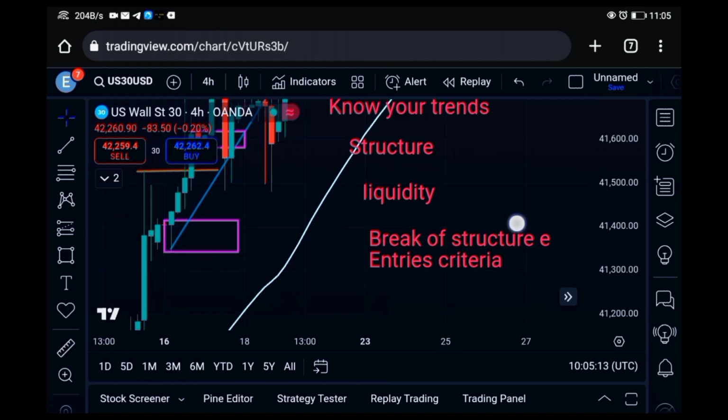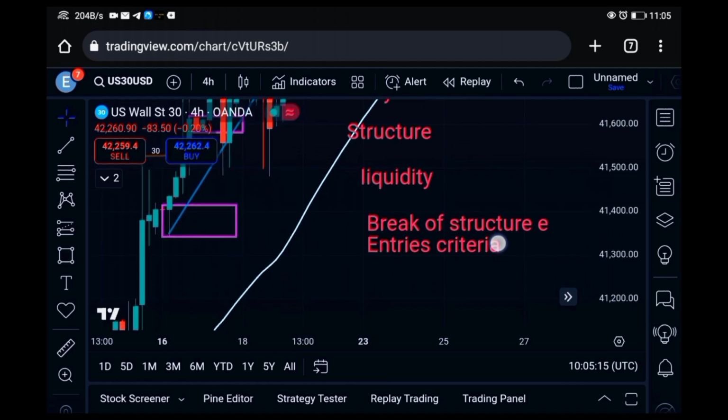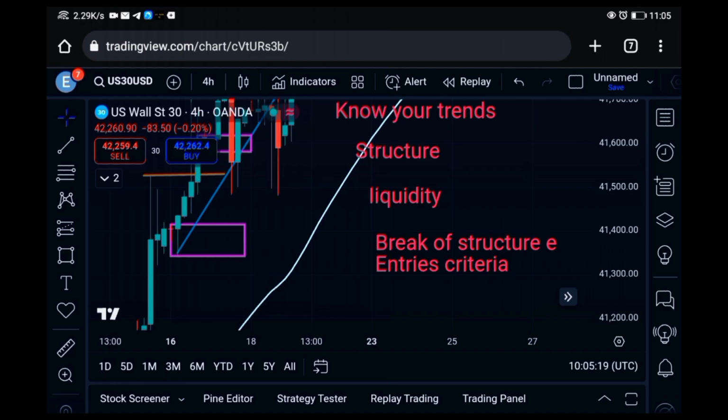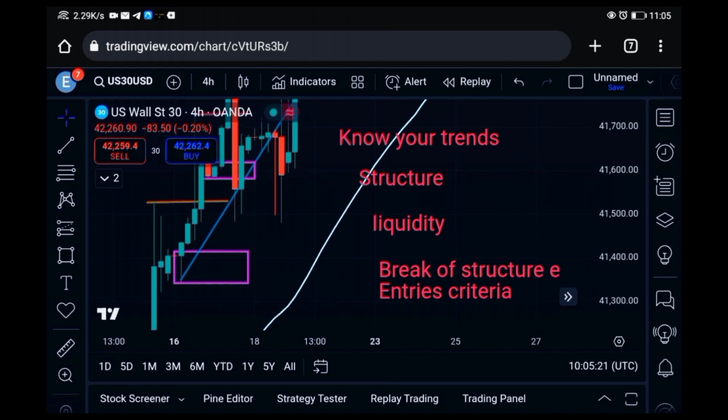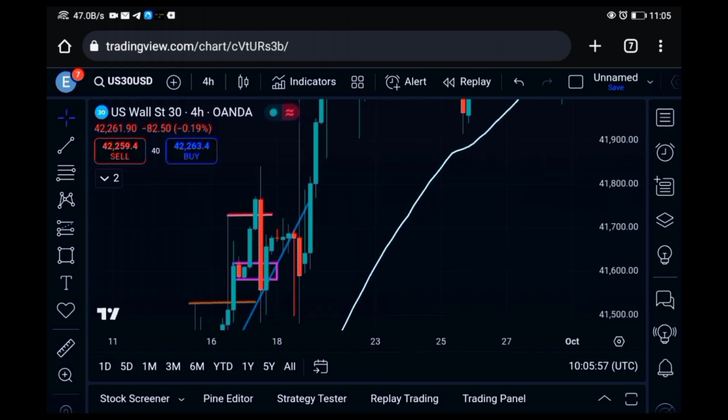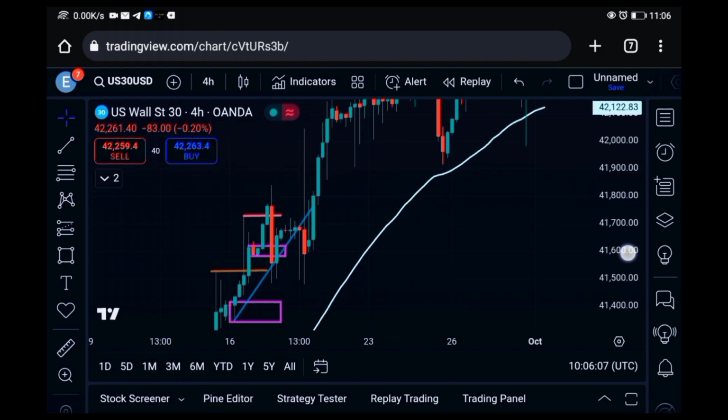Then five, it's your entry criteria. Then you are good to go. You take your trade right there. So let's go to M15 and see how you can implement all those things before you take a trade using US30.